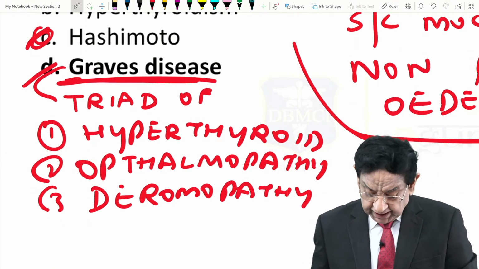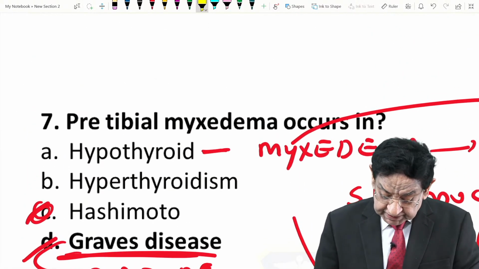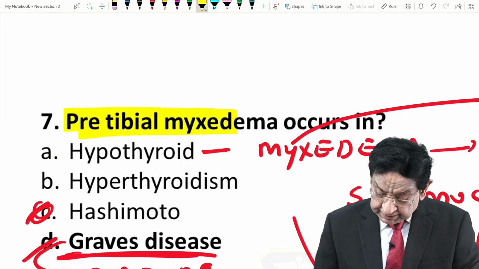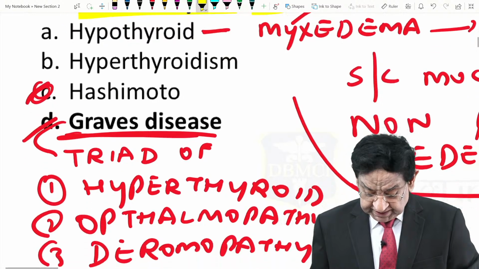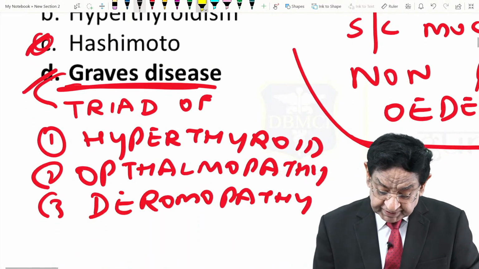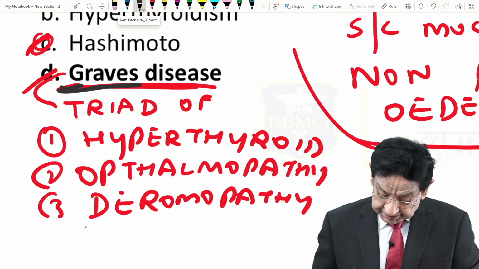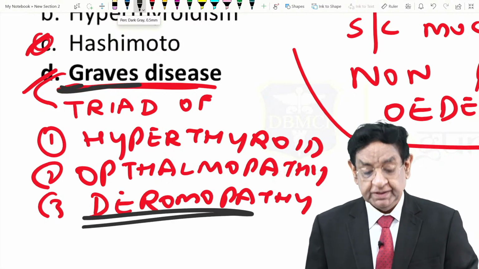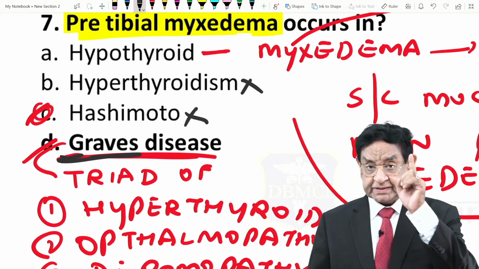Now, pretibial myxedema, what we discussed just now, is a type of dermopathy that we see in Graves disease. This is not seen in Hashimoto, it's not in hyperthyroid.